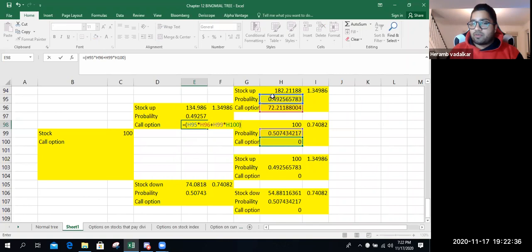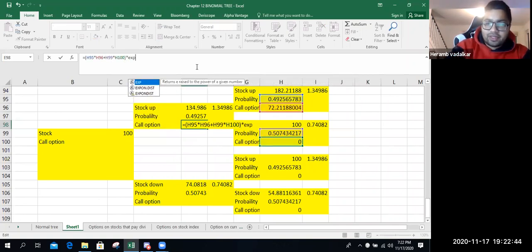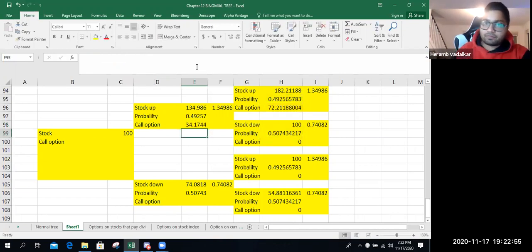Call probability of moving up into call option price, probability of moving down into call option price. Okay. And we have to discount it. So exponential minus risk-free rate 4% times 1 year, because we are moving back 1. Okay. So call option price here, 34 bucks.